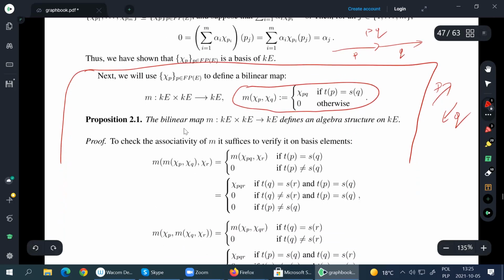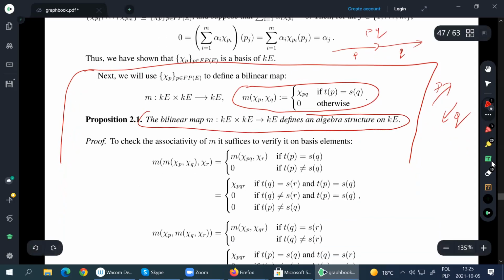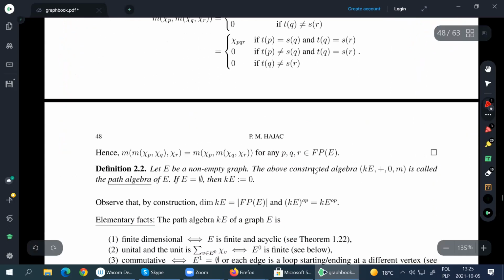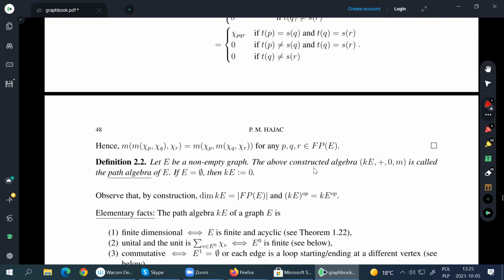Now we can, of course, prove it. The bilinear map, so this is a proposition which is easy to verify. We're not going to do it. We did it in the previous semester. But you can simply prove that the thus defined bilinear map defines an actual algebra structure on the vector space KE. So it's an associative algebra structure, okay? And here we check associativity. That's not a big deal. And then we're done.